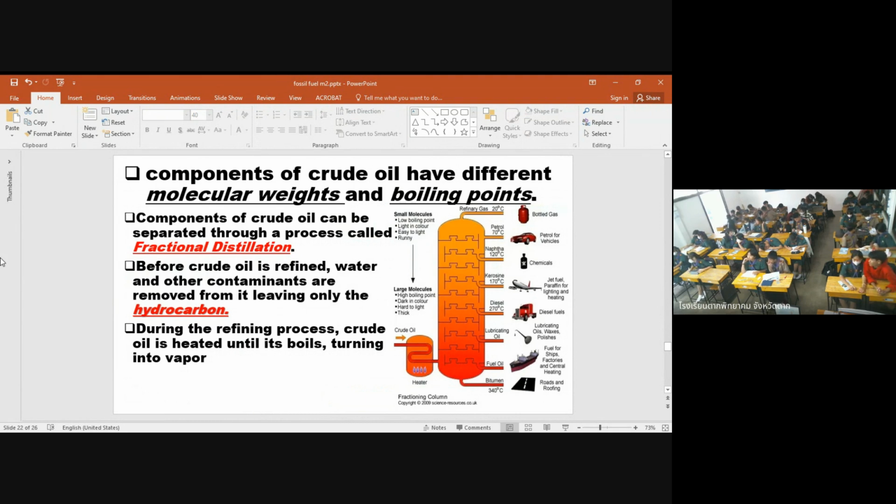From kerosene, jet fuels, and diesel used by trucks. Lubricating oil is waxy, used for polishes, which makes things shiny.